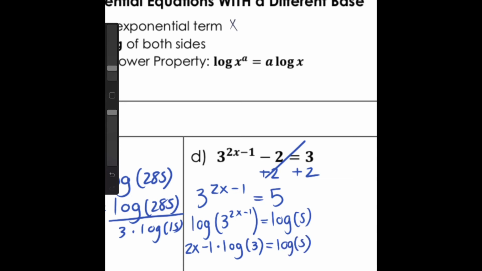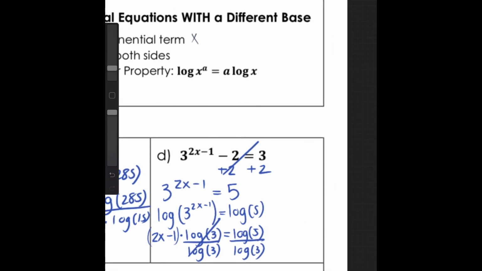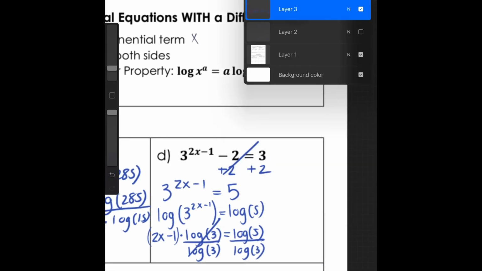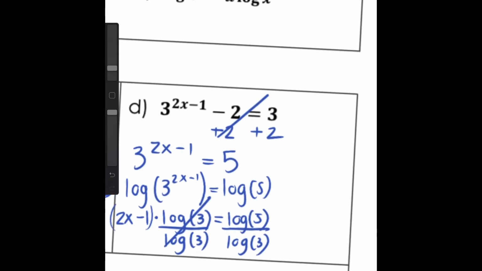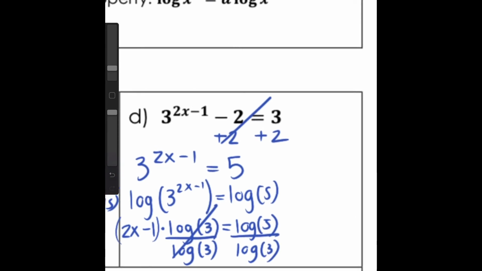That's the power rule. We take the power out, multiply it by our log, and then we're going to have to solve this by dividing both sides by the log of 3. So then we cancel it out on our left, and then we're left with 2x minus 1 is equal to log of 5 over log of 3.